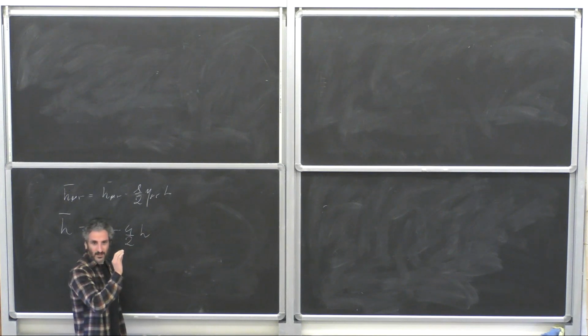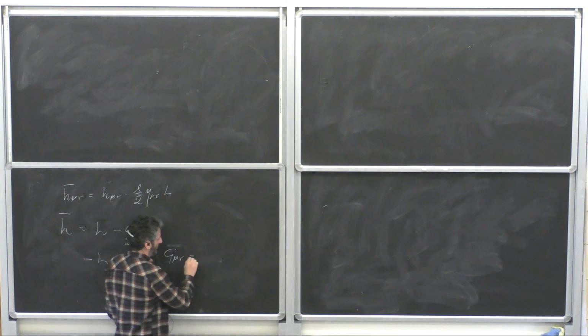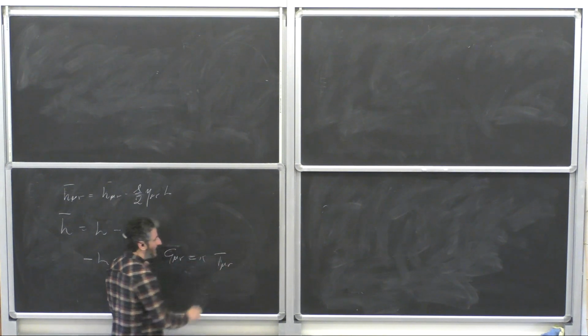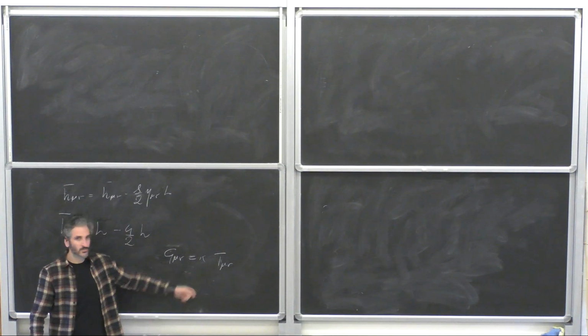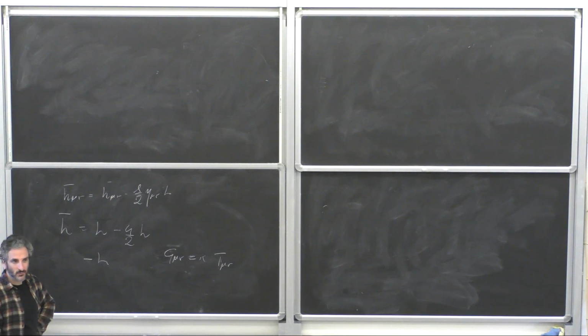If you remember yesterday, we wrote our G mu nu as actually K T mu nu. And then we split both G mu nu and T mu nu in terms of the perturbation and the background quantities.